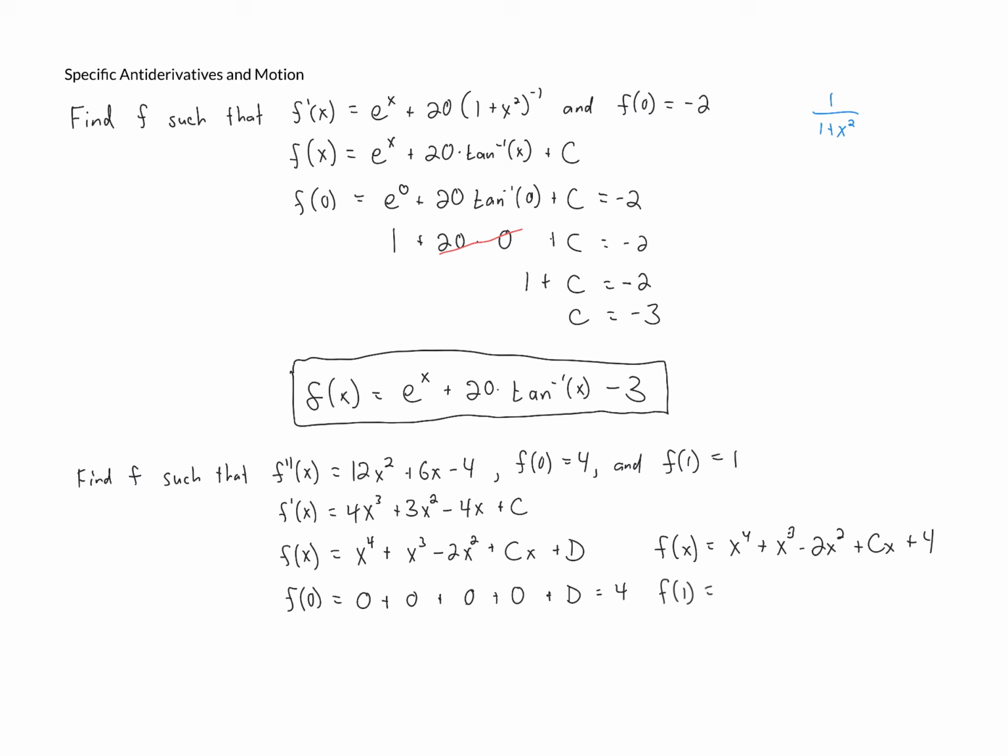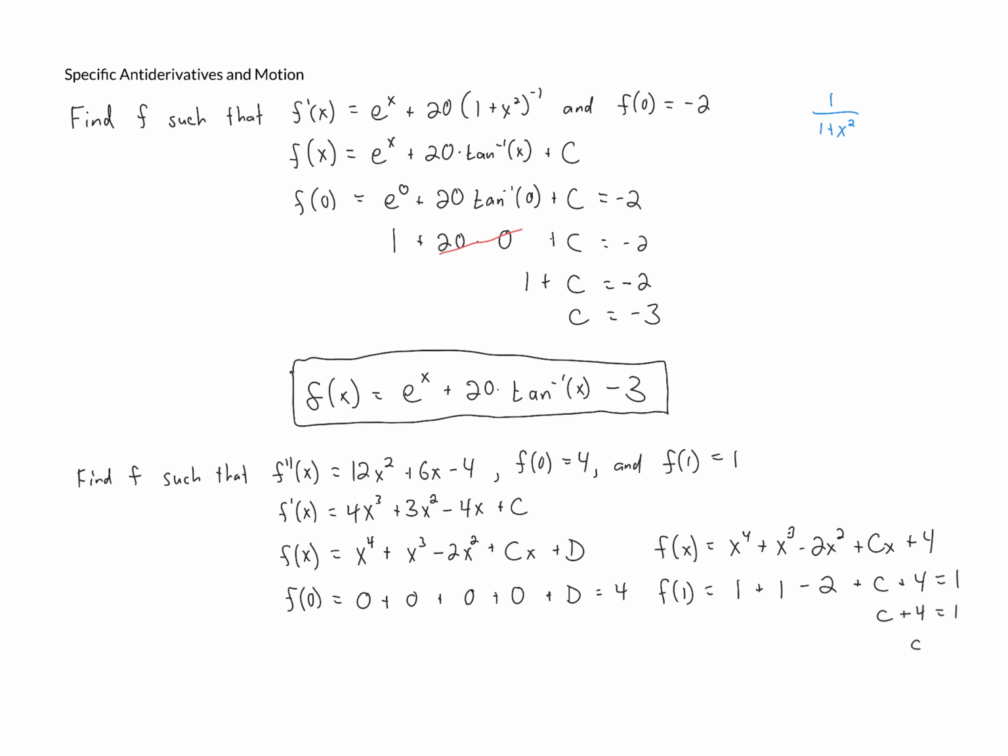If we plug in 1 for x, 1 to the 4th is 1, 1 cubed is 1, and then minus 2, plus c plus 4. And 1 plus 1 is 2, and 2 minus 2 is 0. So all of these cancel, and we end up with c plus 4. And remember, f of 1 was equal to 1. So c plus 4 is equal to 1.